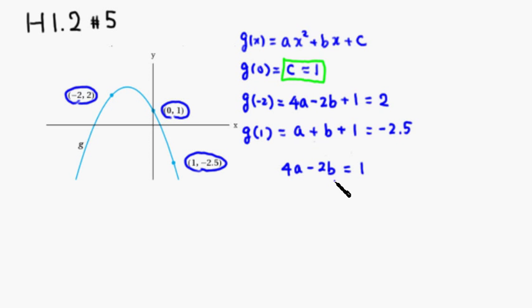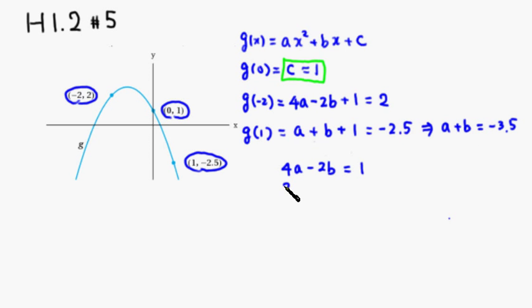Then I'm going to do the same thing and subtract 1 from the other equation. So you have a plus b is equal to negative 3.5. Since I want to get rid of either a or b, I'm going to multiply through by 2.